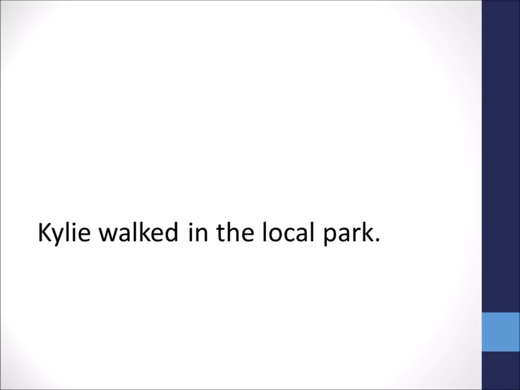So this clause here, or this sentence, is actually a clause as well. It's a simple sentence, which means it's made up of one clause, which means there's only one process happening in the whole clause. I wonder if you can see where the happening is in this sentence? Of course, it's the word walked.